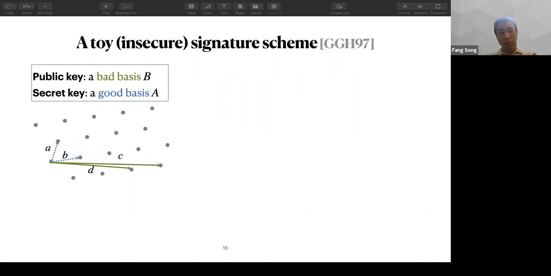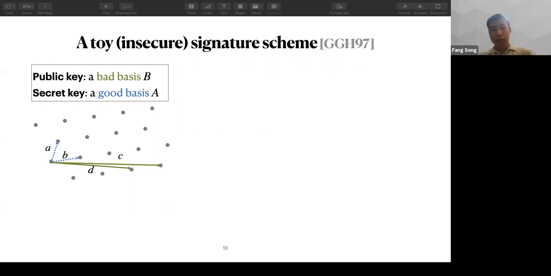And we also produce a bad basis, which will be the public key. Okay, so again, a good basis means it's relatively short and it helps us to solve the closest vector problem. And the bad basis is kind of skewed and doesn't do anything good to solve the closest vector problem.